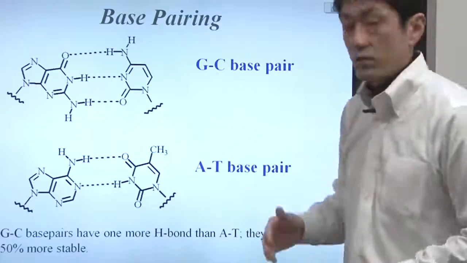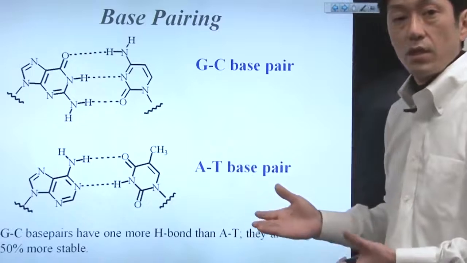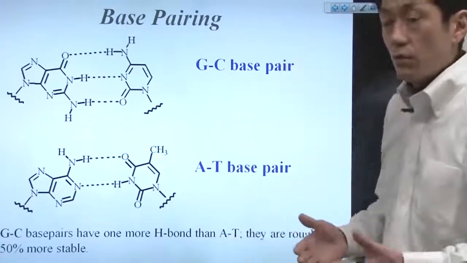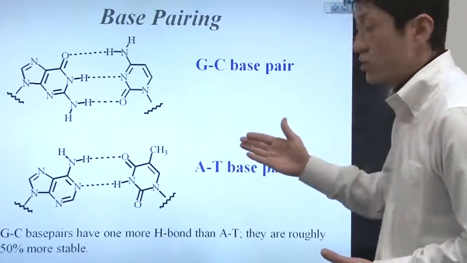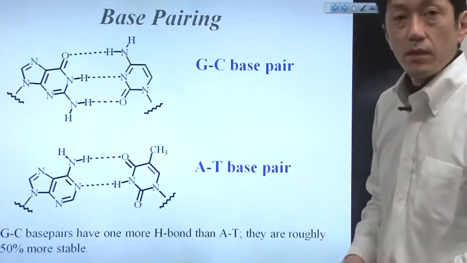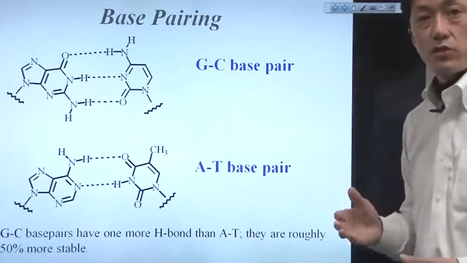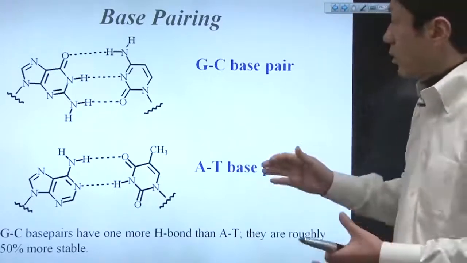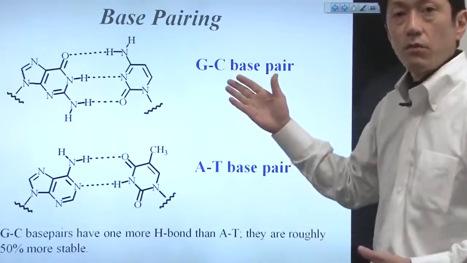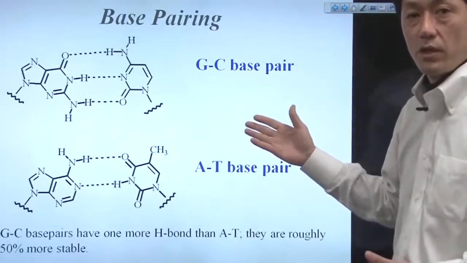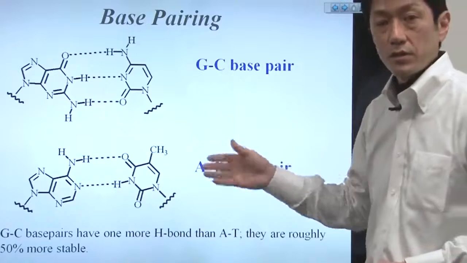You can design some other pairs, or you can come up with some other ideas. Why do we use AT and GC? The answer to this question is simple. Because these pairs form spontaneously on the primordial Earth.